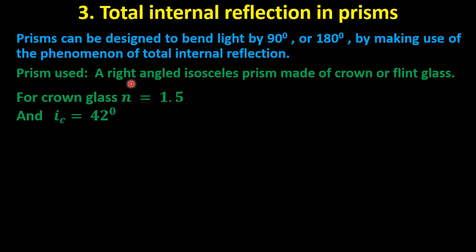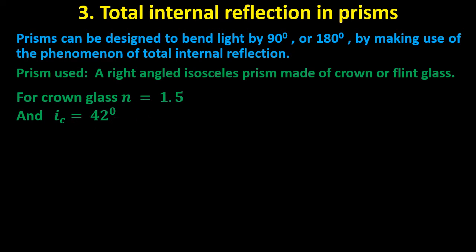The prism should be a right angle isosceles prism, which means one angle will be 90 degrees and the remaining two angles will be equal. That prism should be made of crown or flint glass. For crown glass, the refractive index is 1.5 and the critical angle is 42 degrees.